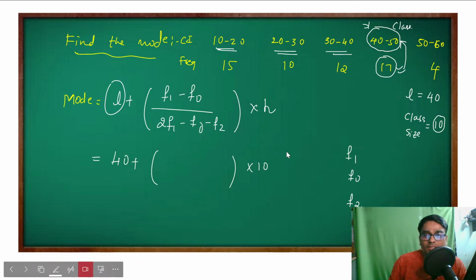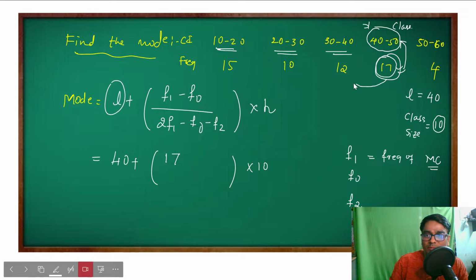Okay. So which is F1? F1 is the frequency of the model class. Frequency of model class means the highest frequency only here, 17. So F1 is 17. Then who is F0?